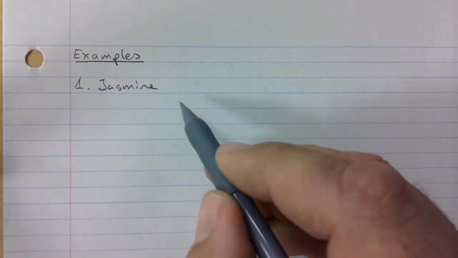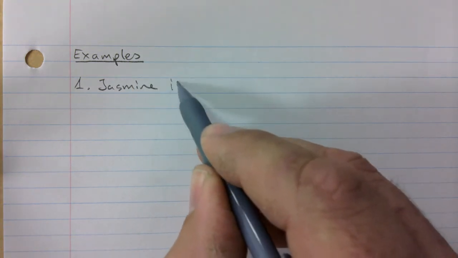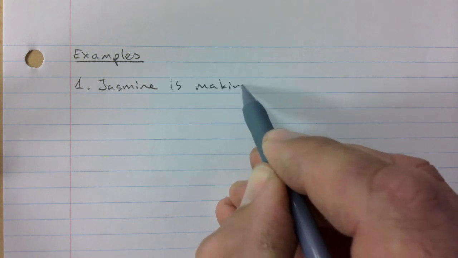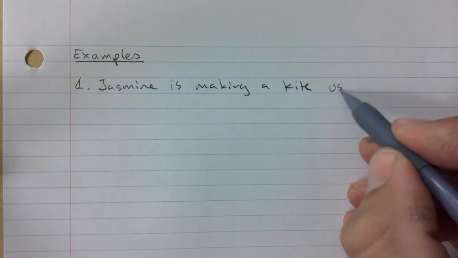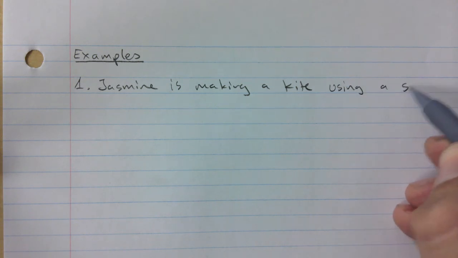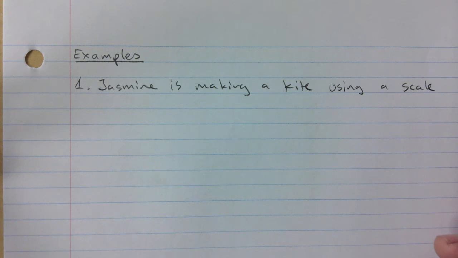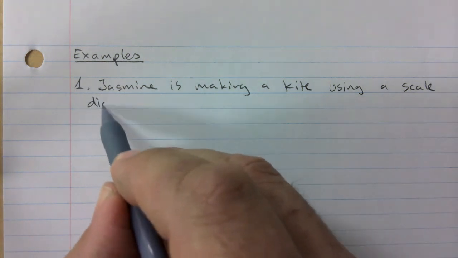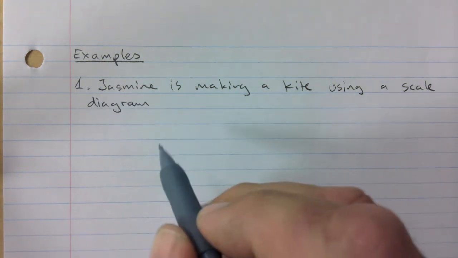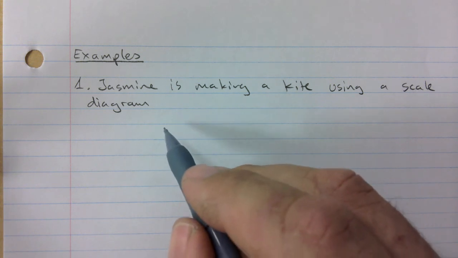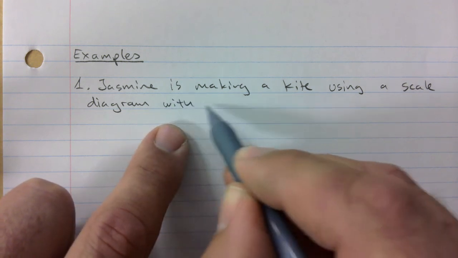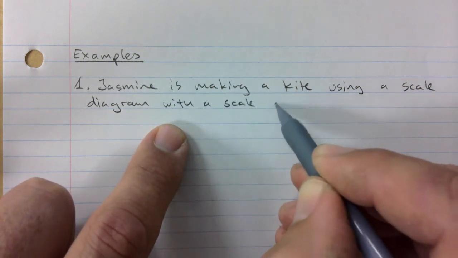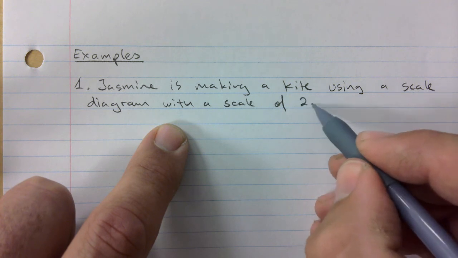Jasmine is making a kite using a scale diagram with a scale of 2 to 25.